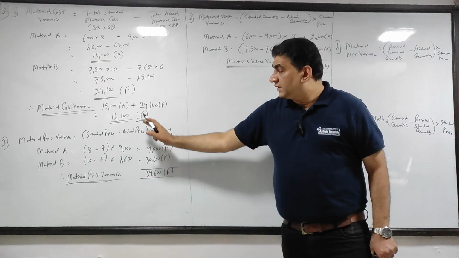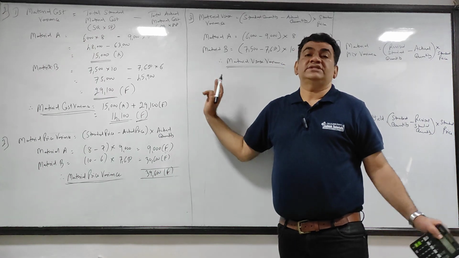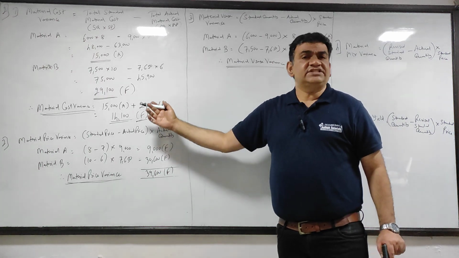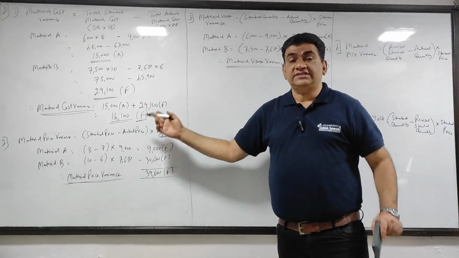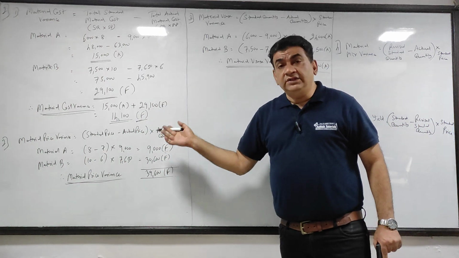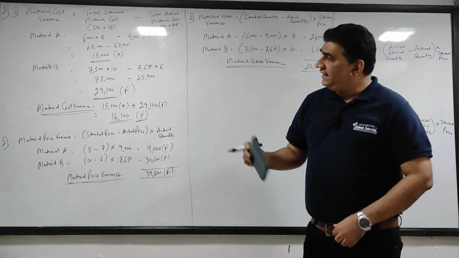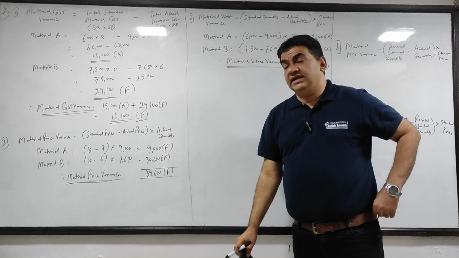Cost variance has to be equal to price plus usage. Same logic as the previous sum. Again I'll repeat, the only difference is that there was only one material there, here there are two materials.